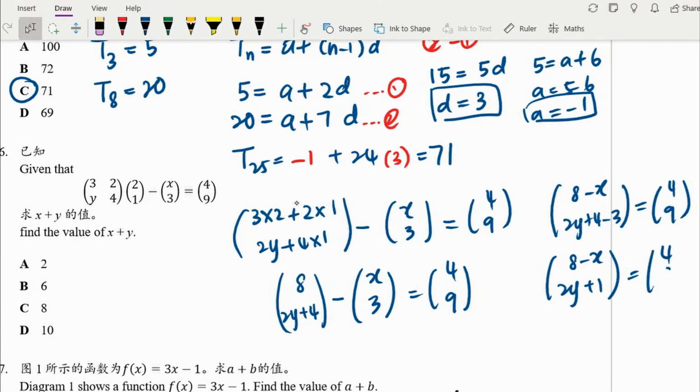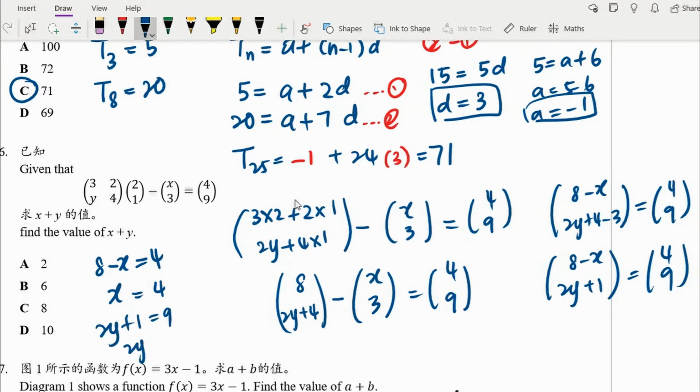And you can compare it row by row. Pretty straightforward. Your 8 minus x equals 4, so your x is 8 minus 4, which is 4. Then 2y plus 1 is 9, so 2y is 8, y equals 4. So x plus y should be 8. The answer is C.